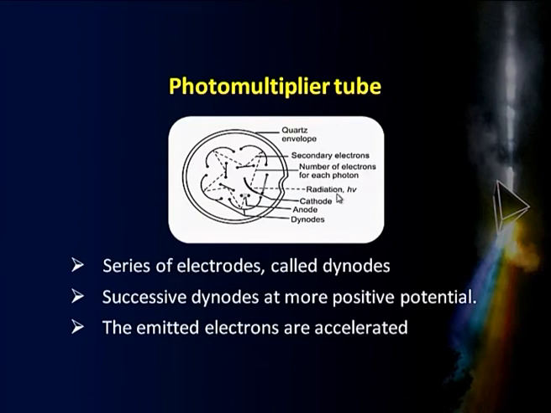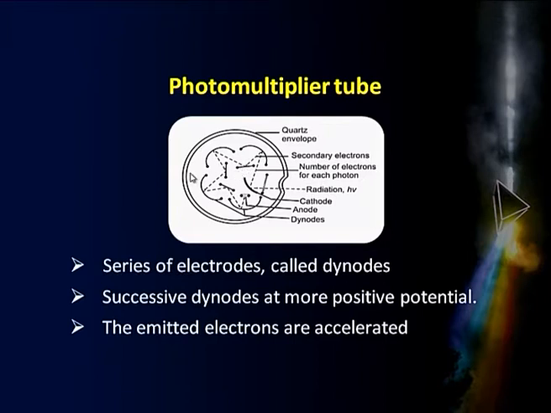Because I am trying to measure radiation, it is a photon that comes, not an electron. When the photon strikes this cathode, it emits an electron. Because of the potential difference between this cathode and the first diode, this electron moves towards the diode. From here, it generates secondary electrons, which are further directed onto the next diode, and so on and so forth.